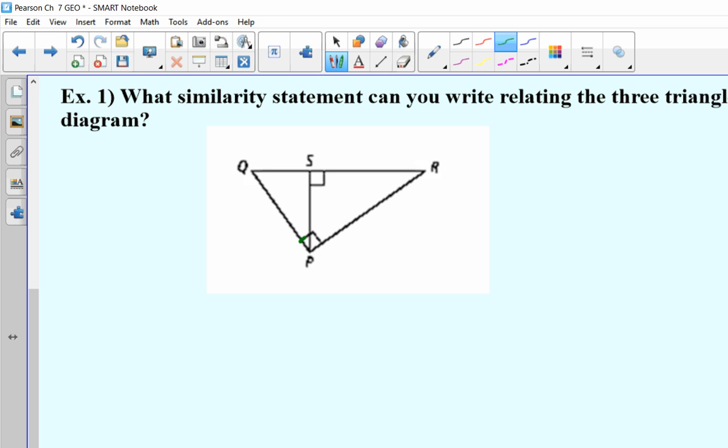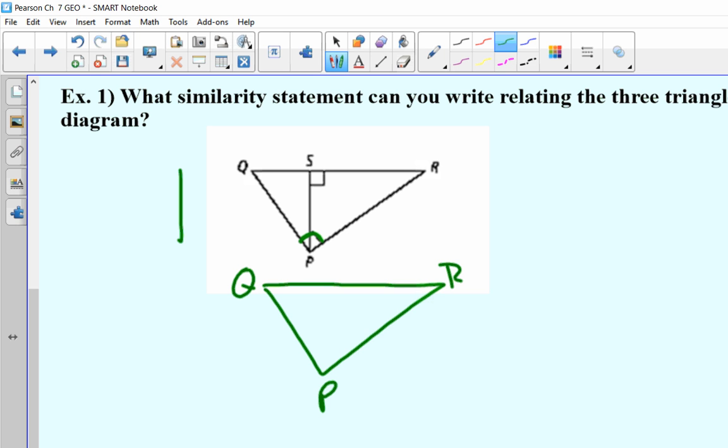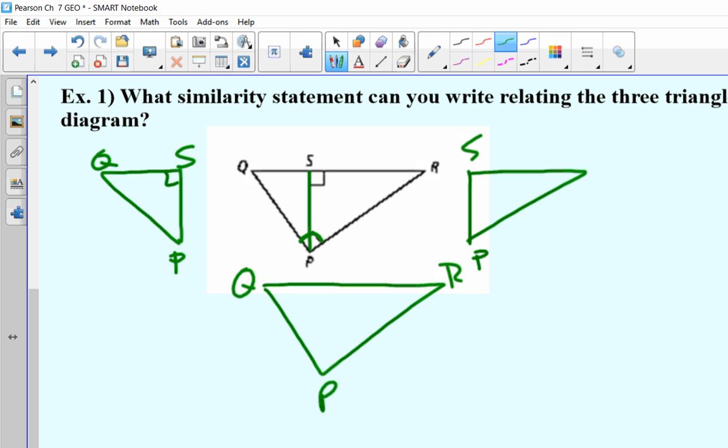This angle at P is showing you the bigger right triangle, P, Q, and R. But when I drew an altitude, it created another right triangle, SQP. And then it created a third one over here, SPR.